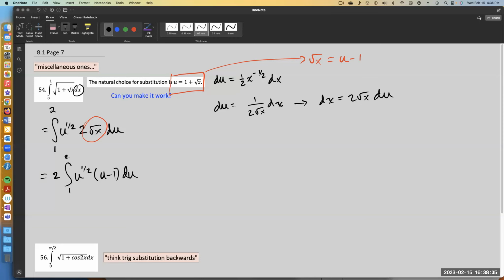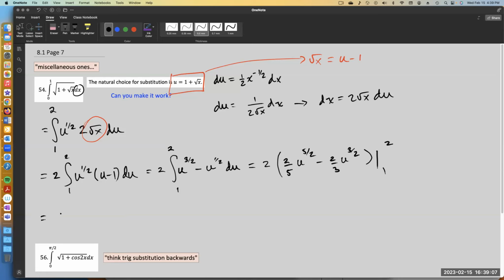And if we want to get rid of an x, we just have to go to the let statement and use it. And then this is pretty easy to integrate. So we're going to distribute and we're going to get u to the 3/2 minus u to the 1/2. And then we can use the power rule. And then we're going to substitute in.